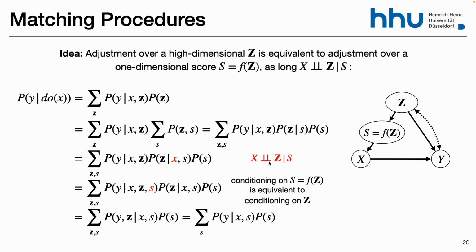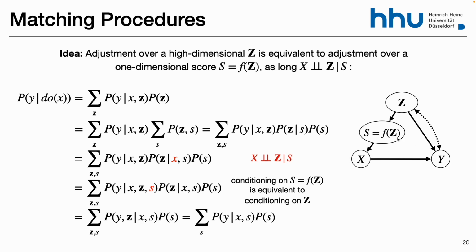There are two things here that are important. The first one is the independence that I said is kind of a requirement to create this score. And the second is that Y is independent of S given X and Z. So basically it's right here without leaking any information.